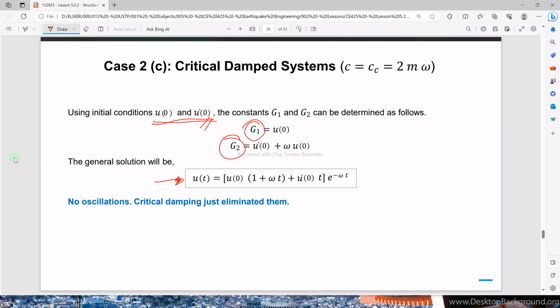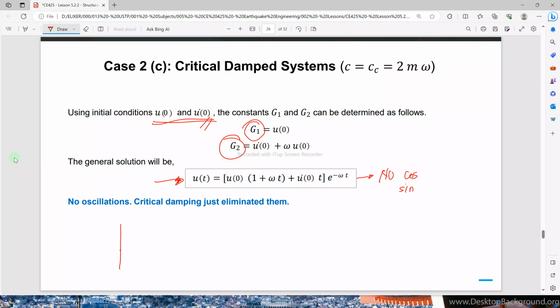So if you notice now, our equation of motion is in the form u of t is equal to quantity u0 times quantity 1 plus omega t plus u dot 0 t times e to the negative omega t. If you look at the formula, there is no cosine function nor a sine function.